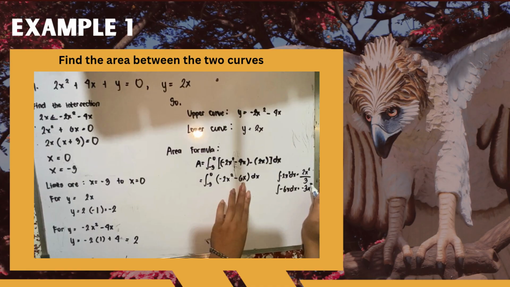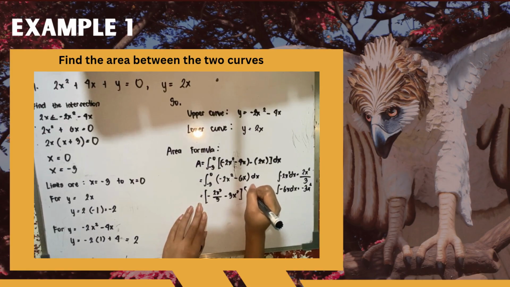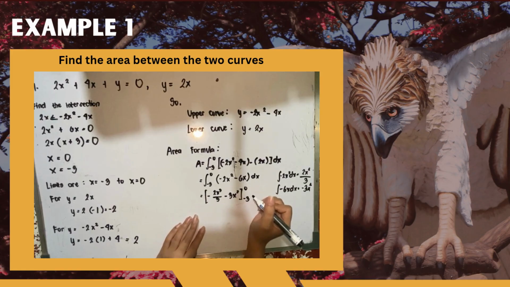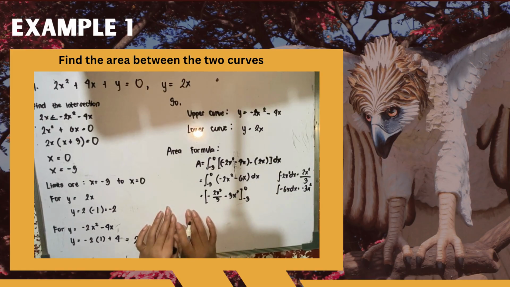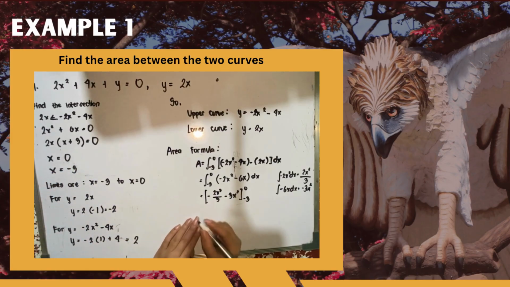Now we input the x and change it to 0. It equals 0. So now let's move to negative 3. We input negative 3 cubed: negative 2 times negative 27 all over 3, minus 3 times negative 3 squared, which is 9.